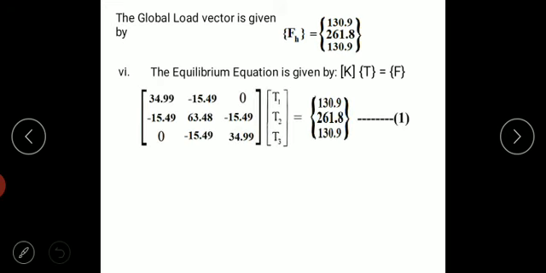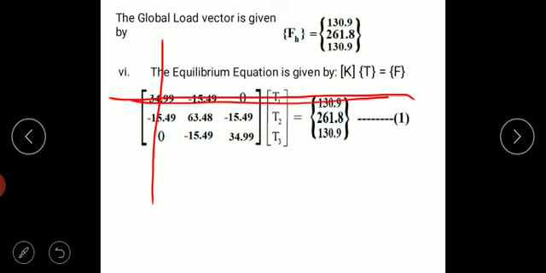Now the equilibrium equation. From here the same procedure follows. There is a constant temperature of 140 degrees Celsius at the beginning, so in the equilibrium equation I need to eliminate the first row and first column. I can't consider the first row or the third row, because 0 into T1, again T1 is going to vanish.